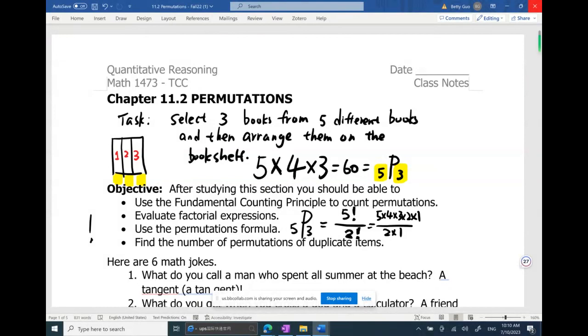So the numerator and denominator both have 2 times 1. Cancel them. Then you have 5 times 4 times 3. Exactly the same as what we had earlier, right? That's how we compute a permutation.